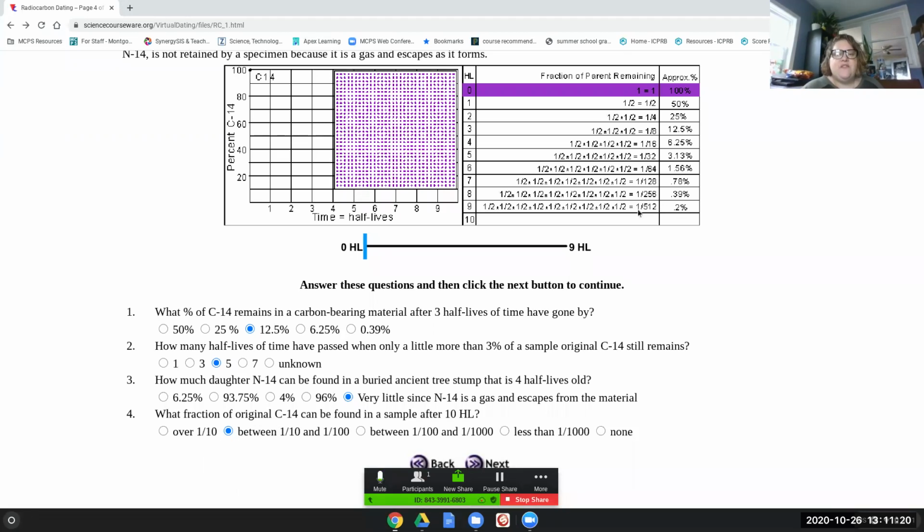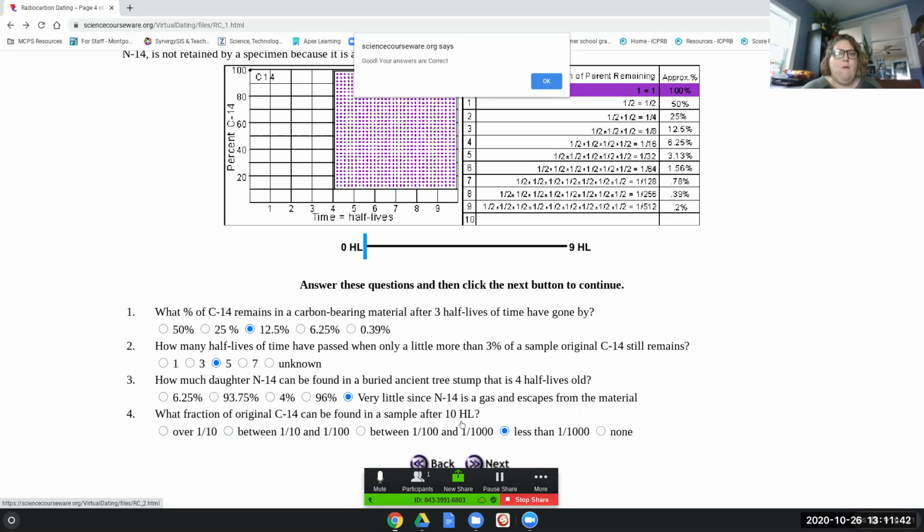But they want this fraction. So this would be 1 over 1,000, because 512 times 2, or 1 over 512 times 1 over 2, is really 1 over 512 times 2, which is 1,024. So it has to be less than 1 over 1,000. And we are correct.